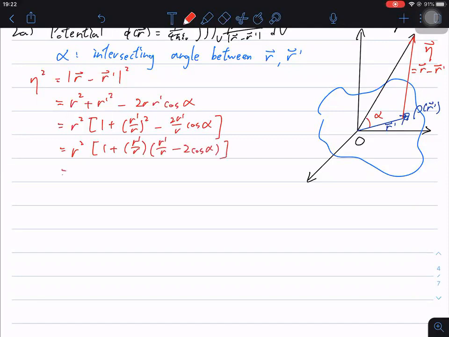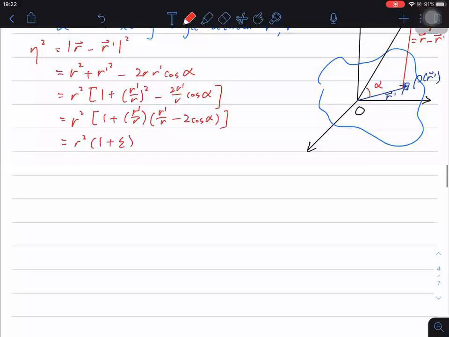Let me call it 1 plus epsilon. Here, epsilon equals the ratio r prime over r multiplied by r prime over r minus 2 cosine alpha.